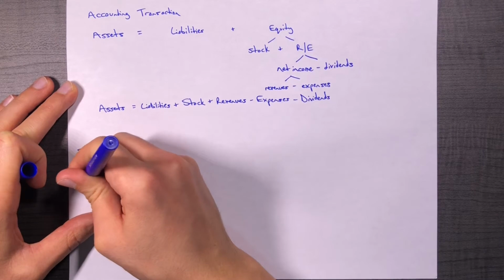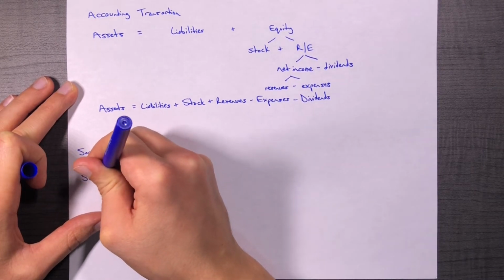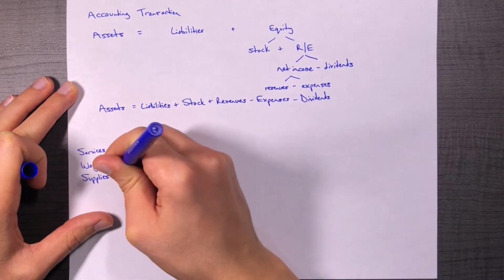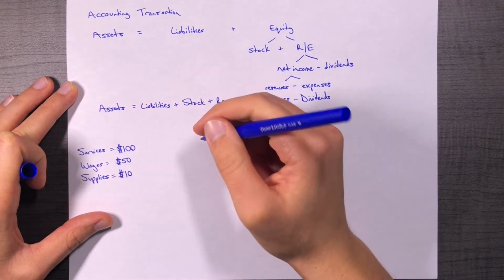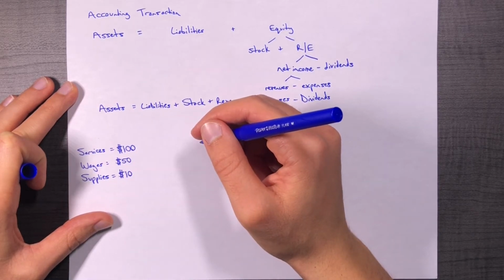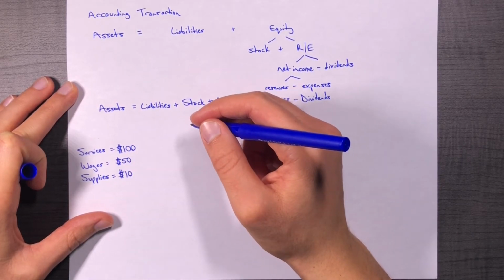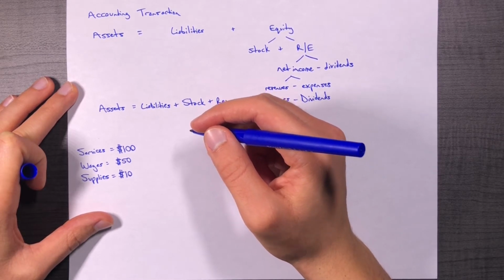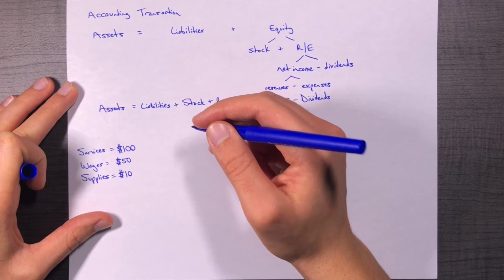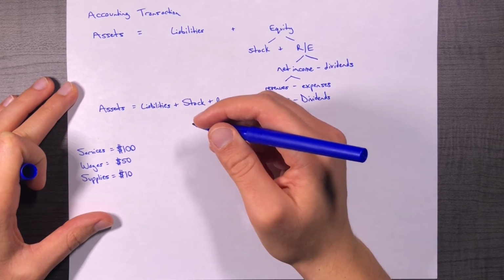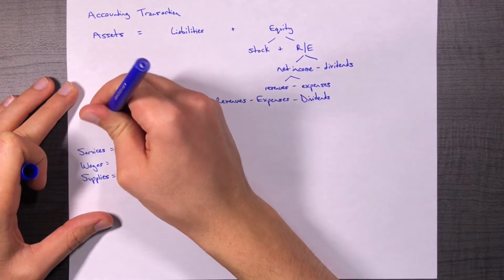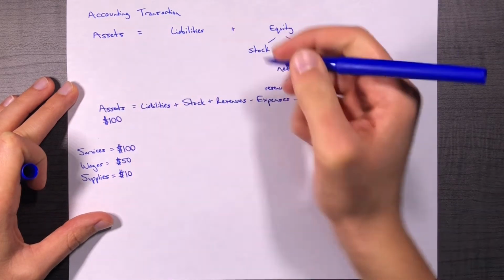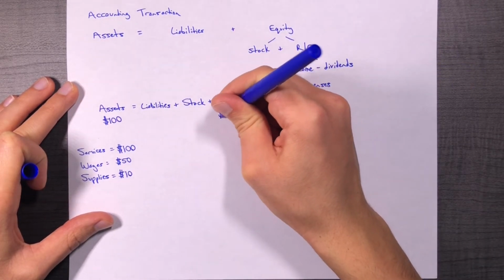And lastly, we buy supplies on account for $10. Let's run through this step by step, looking at the accounting equation. For the first transaction, we have revenue of $100, and we receive cash, which is an asset of $100. So let's insert that into our equation. Under assets, I'll put 100, and under revenues, I'll also put 100.